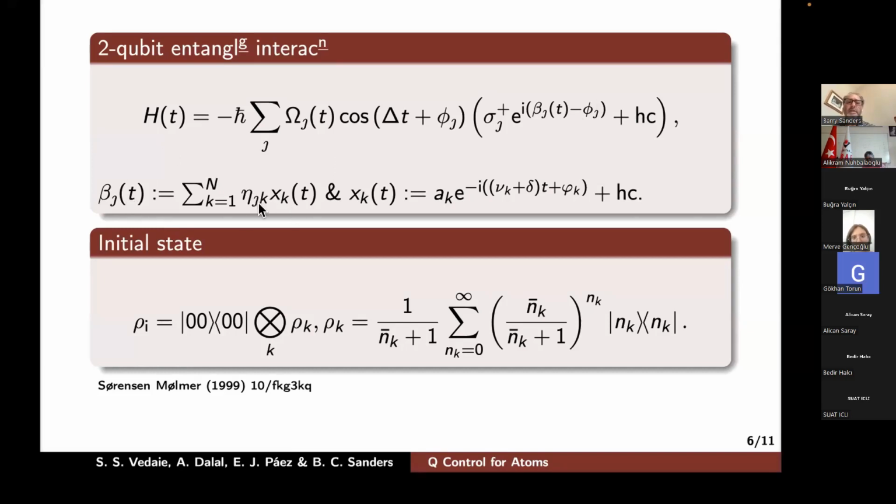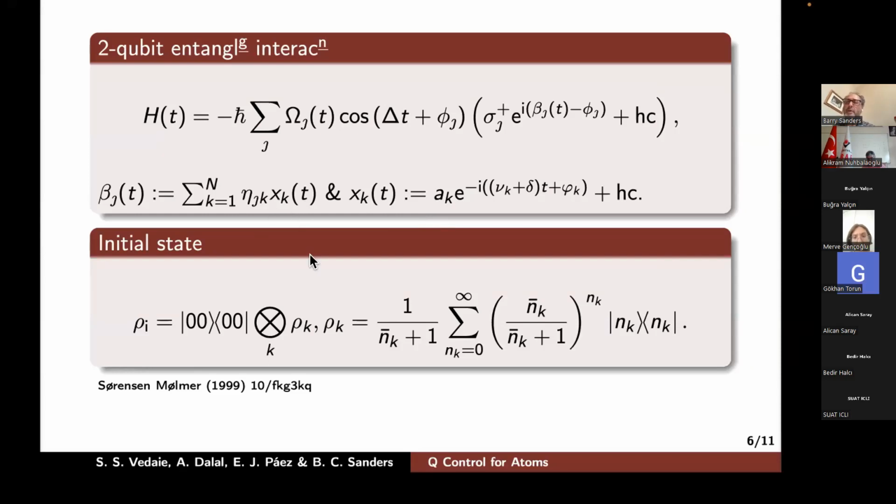So over here, this is a Lamb-Dicke parameter, times the position for the kth mode. So sorry, I shouldn't say position, it's the canonical position. It's a quadrature for the kth mode. And so the position operator is a linear combination of canonical position for different modes, and then Lamb-Dicke parameters in front of each one.